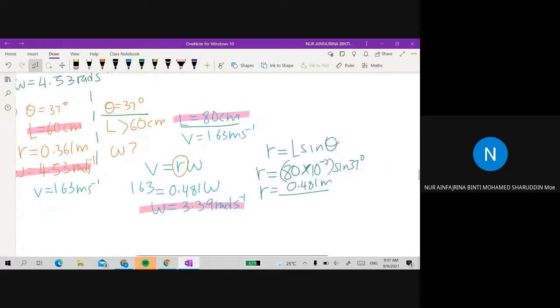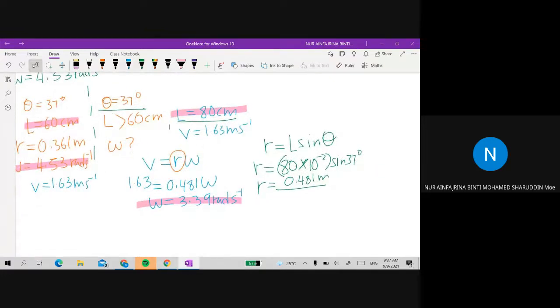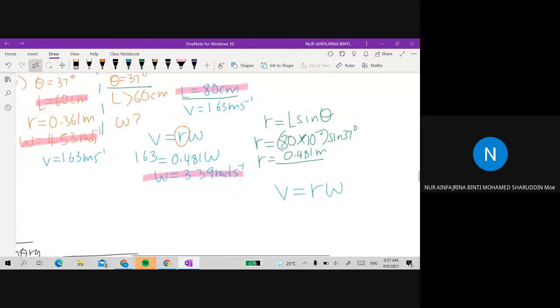One more way for you to do is this one. We know the formula V equals to R omega. Right now I want to compare my angular velocity with radius.